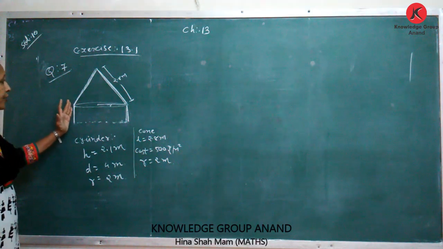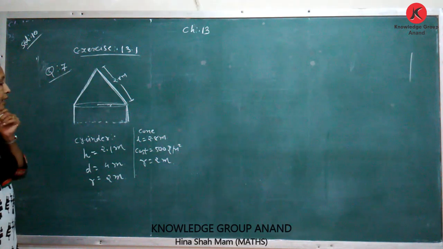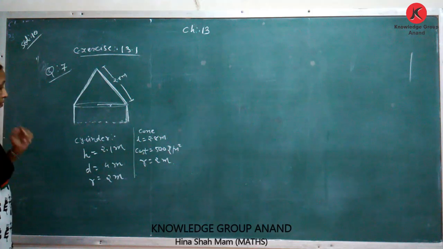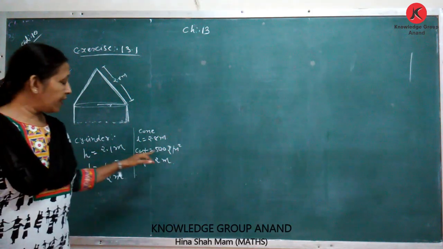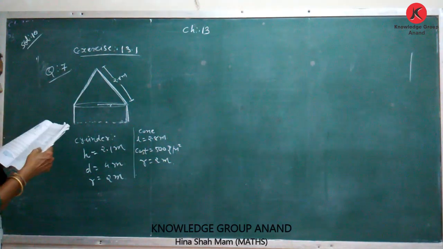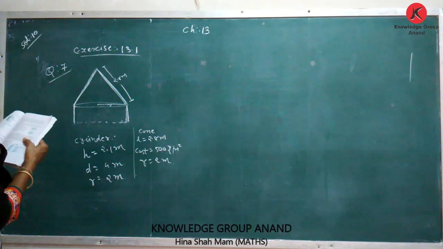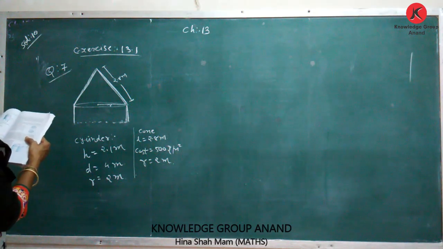Here the slant height is given, and the slant height of the top is 2.8 meter.